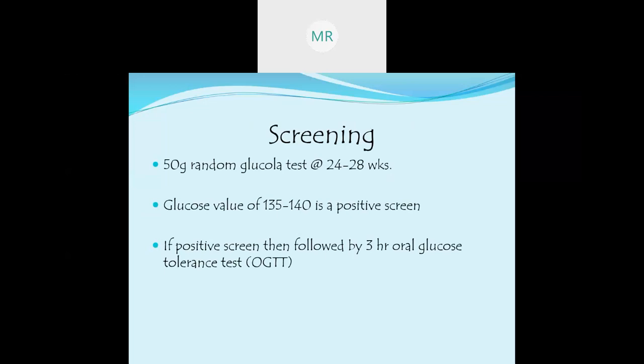Then the glucose values, if they're between 135 and 140, okay, so they should be less than 130 milligrams per deciliter. It's a positive screen. And if it's a positive screen, then they're followed up with a 3-hour oral glucose tolerance test, okay, which they have to be fasting.